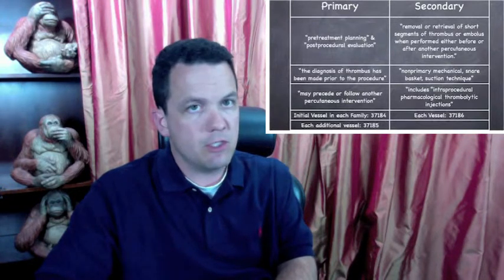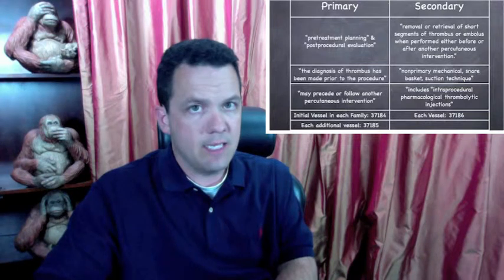Primary thrombectomy, they say, means the diagnosis of thrombus has been made prior to the procedure, and that this procedure may precede or follow another percutaneous intervention, whereas with secondary thrombectomy, they tell us that a non-primary mechanical snare, basket, or suction technique is typically used, and that this includes intraprocedural pharmacological thrombolytic injections.